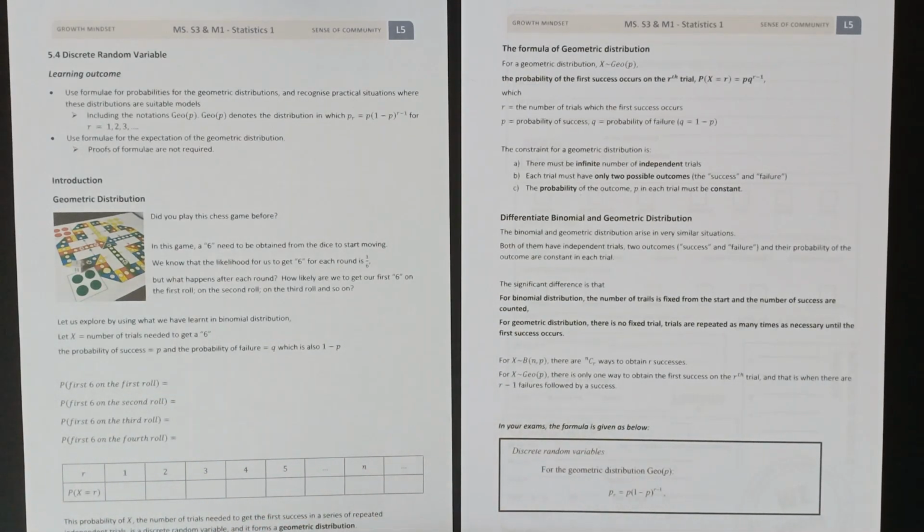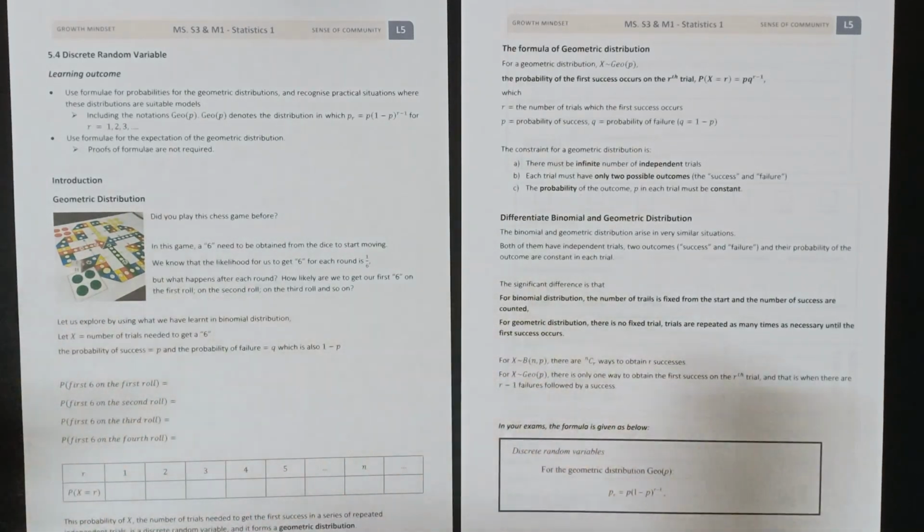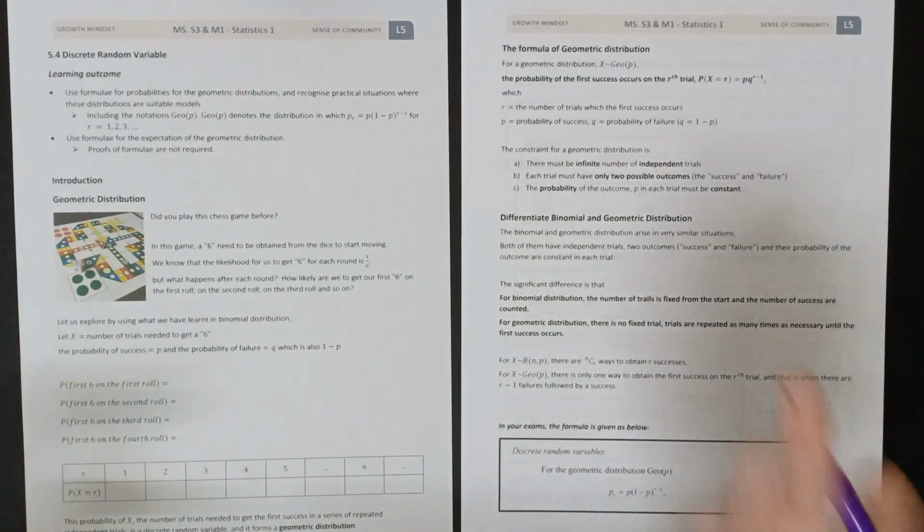If you still remember, in binomial distribution we have a fixed number of trials, then 2 outcomes, success and failure, and the probability of success and failure is the same in every trial.